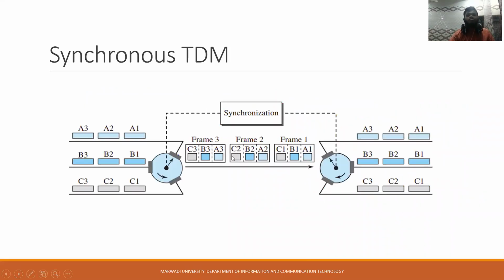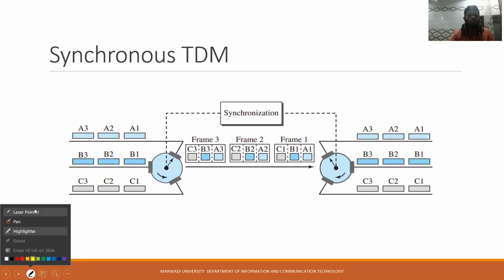In synchronous TDM, the synchronization is essential. TDM can be visualized like two rotary switches rotating at the same time, but in opposite directions. Sorry, let's take a laser pointer.